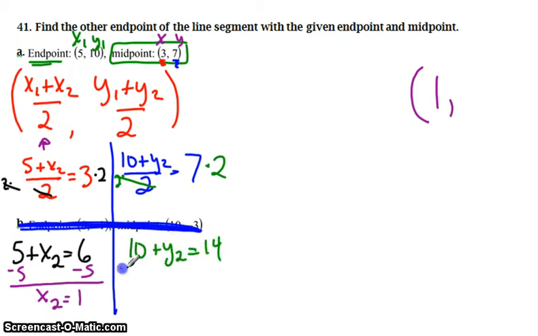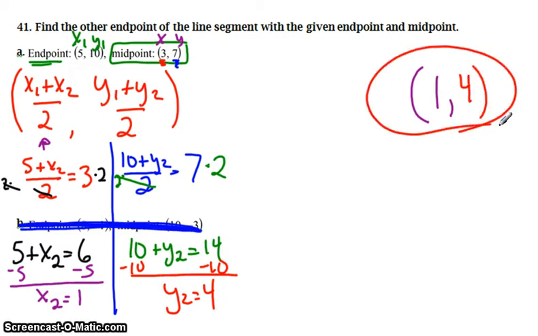Then we subtract 10 from both sides, so y2 is equal to 4. That means the y value of my other endpoint is 4. So that is the other endpoint. Now you can go back and label this x2, y2, and use the given point as x1, y1, plug them in, and see if you get the midpoint. That's a good check.